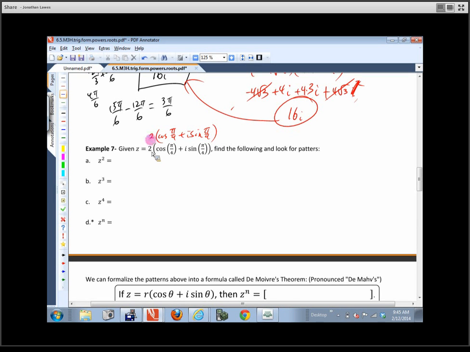What do I do with these guys? Multiply them together. So that's going to be 2 squared, or 4. What do I do with the angles? Add them together. So what do I get? I get pi halves. I'm going to write it as 2 pi fourths plus i sine 2 pi fourths, because I had 2 of those that I added together. Is that right?